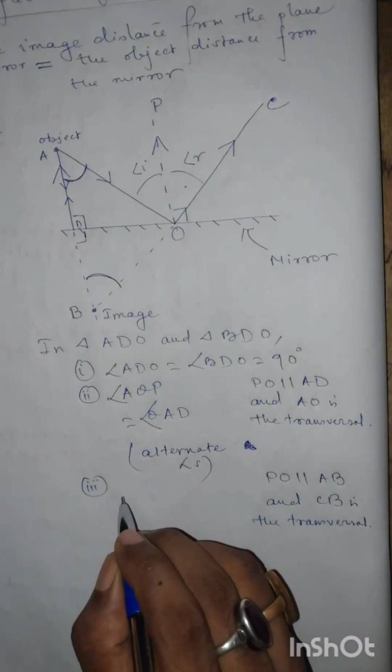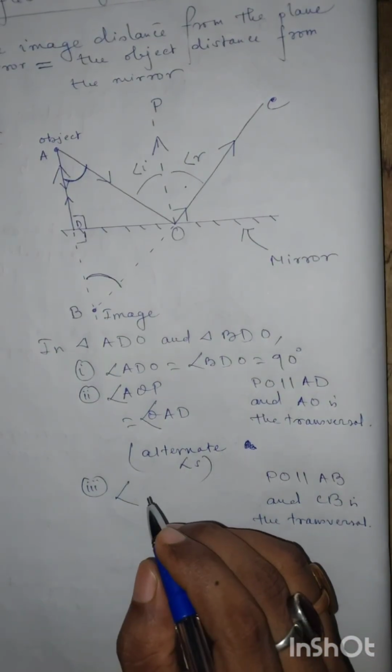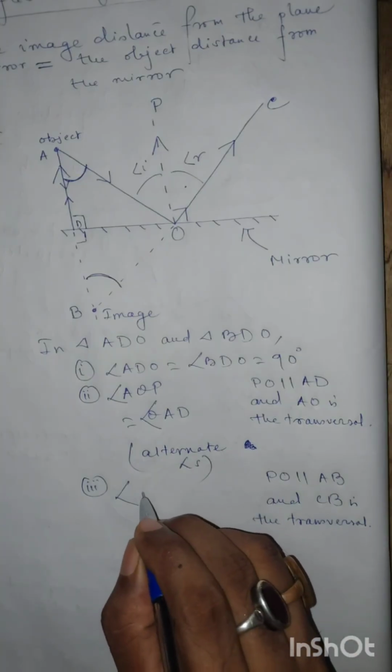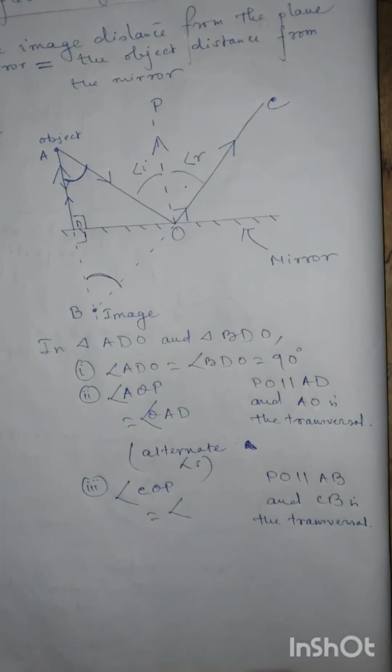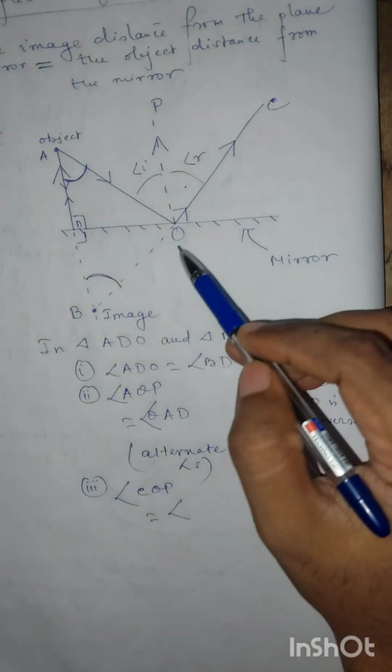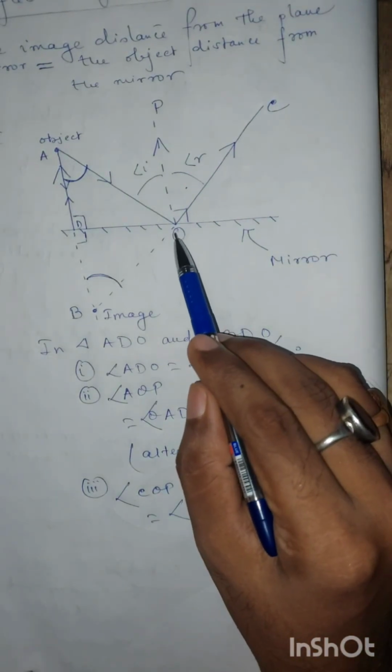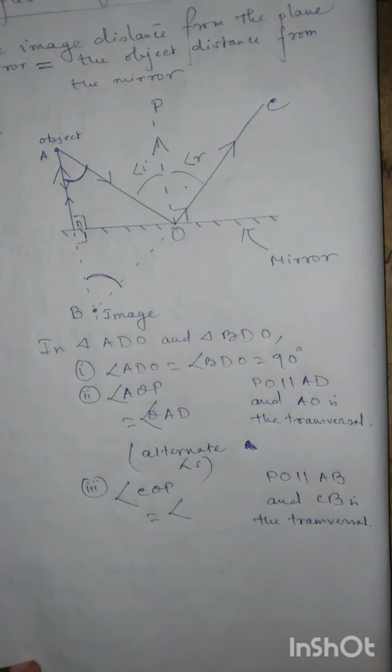Therefore, we can say angle COP is equal to angle OBD.